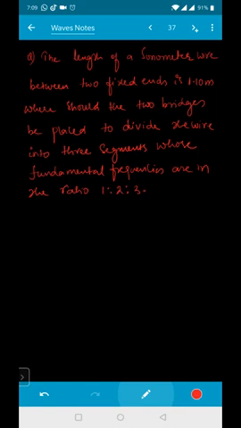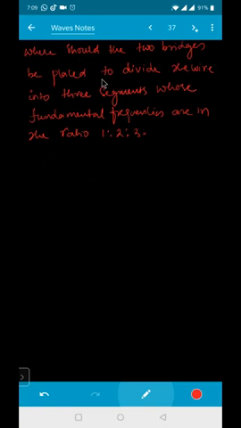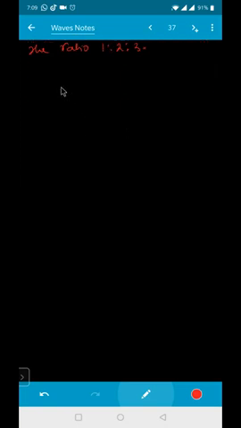Read the question carefully, beta. We have a sonometer wire. The length of the sonometer wire fixed at the two ends is given as 1.10 meter. So what is a sonometer? An instrument which looks something like this. This is your instrument, beta.